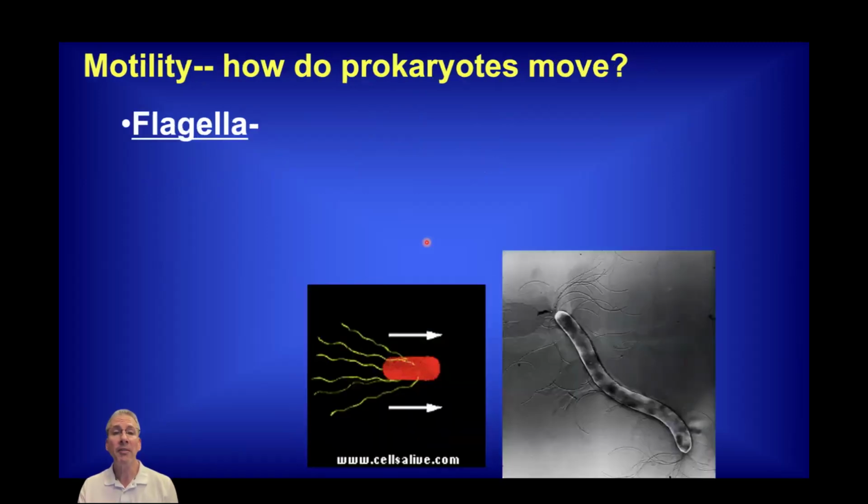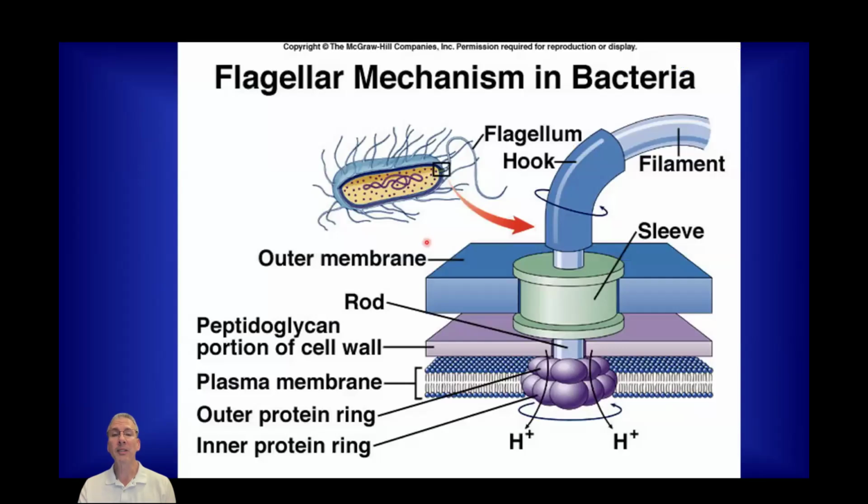Some bacteria also have flagella. But unlike flagella in eukaryotes, if you think of sperm, for example, those flagella sort of whip back and forth. Flagella in prokaryotes works by a profoundly different mechanism. It turns out this may be the only example of a spinning wheel in living organisms.